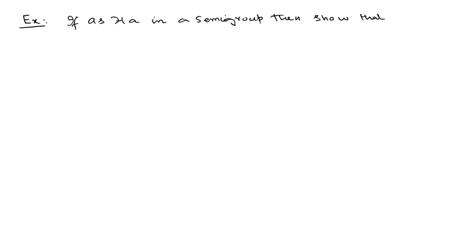this mapping X to XS, which maps X, अब मैं यहाँ पर मैपिंग प्रिसाइजली नहीं लिखूंगा, X to XS, this which maps X onto XS. Okay, so this is a notation for that X to XS, which maps X onto XS is a bijection.